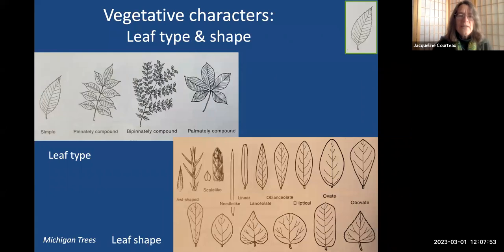Again, some leaf shapes and types, just a broad brush over here. The key ones to be aware of are simple versus compound, the left two on that upper sketch, and then all kinds of leaf shapes, obviously, on trees ranging from scale-like to needle-like leaves.